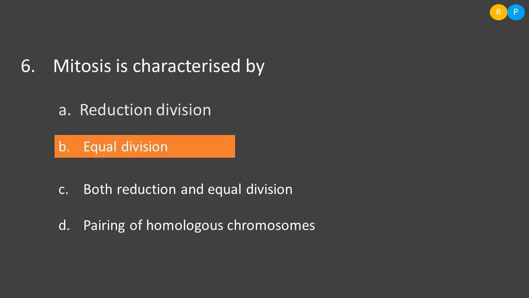Let us look at the options. Option A, movement of chromosomes towards the poles. This is the actual function performed by the centromere, because of the attachment of spindle fibers to the centromere region.